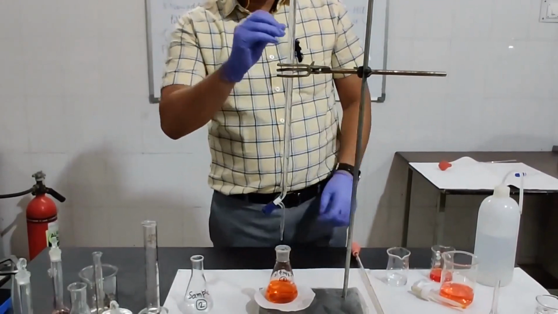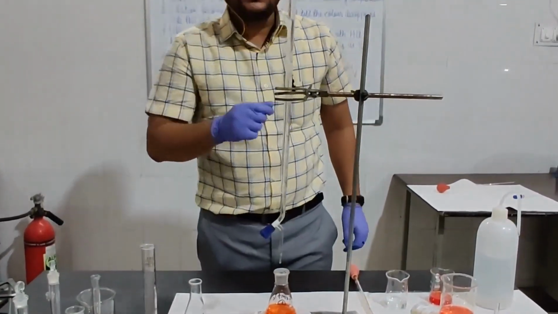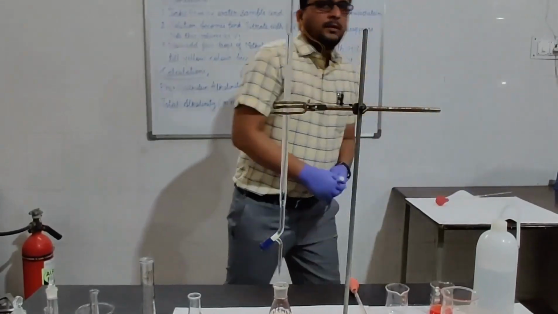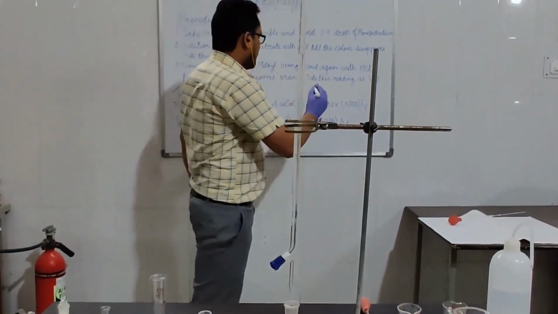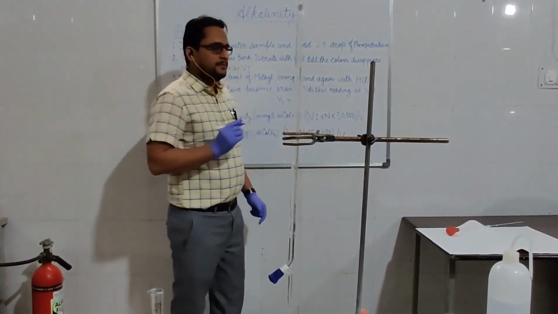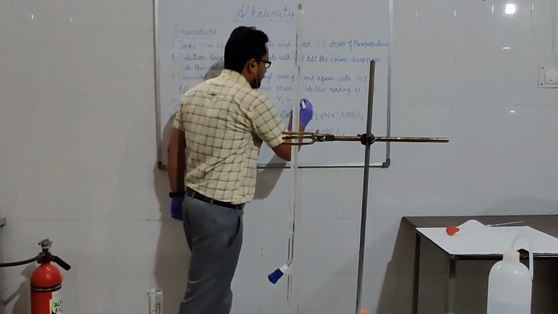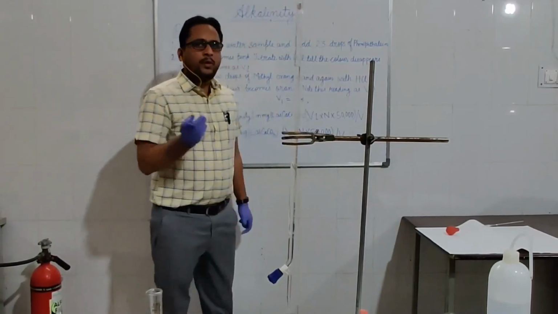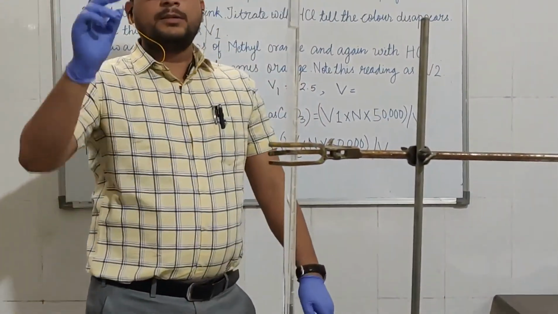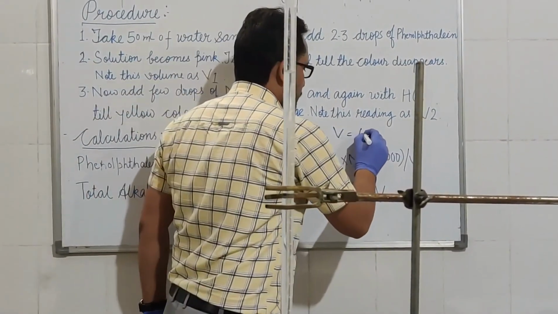We again note down the reading. Now it is 4.2. Earlier it was 2.5 ml. So V1 in our case is 2.5, while V2 is the total volume, 4.2 ml.